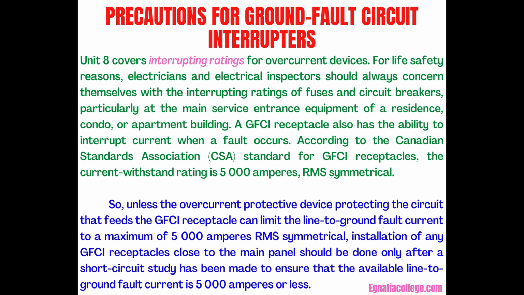So, unless the overcurrent protective device protecting the circuit that feeds the GFCI receptacle can limit the line-to-ground fault current to a maximum of 5,000 amperes RMS symmetrical, installation of any GFCI receptacles close to the main panel should be done only after a short circuit study has been made to ensure that the available line-to-ground fault current is 5,000 amperes or less.